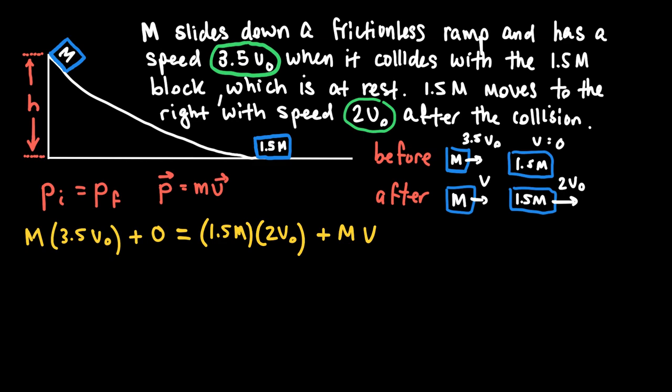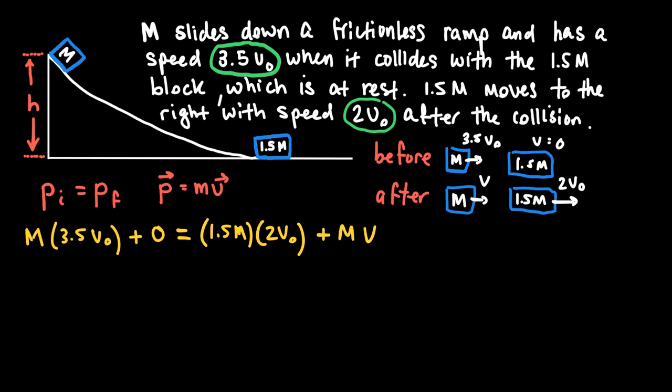I don't know what that speed v is. I've been very careful here about indicating the directions of the velocities. All of these velocities are positive, they point to the right, and so I should get an answer for v which is sensitive to that sign convention.